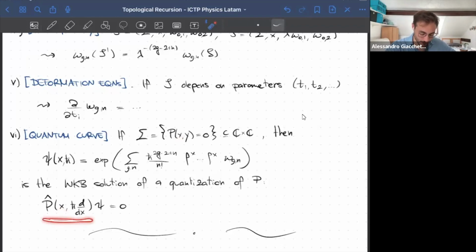You can always specify a quantization of P in such a way that this differential operator will annihilate this psi here.